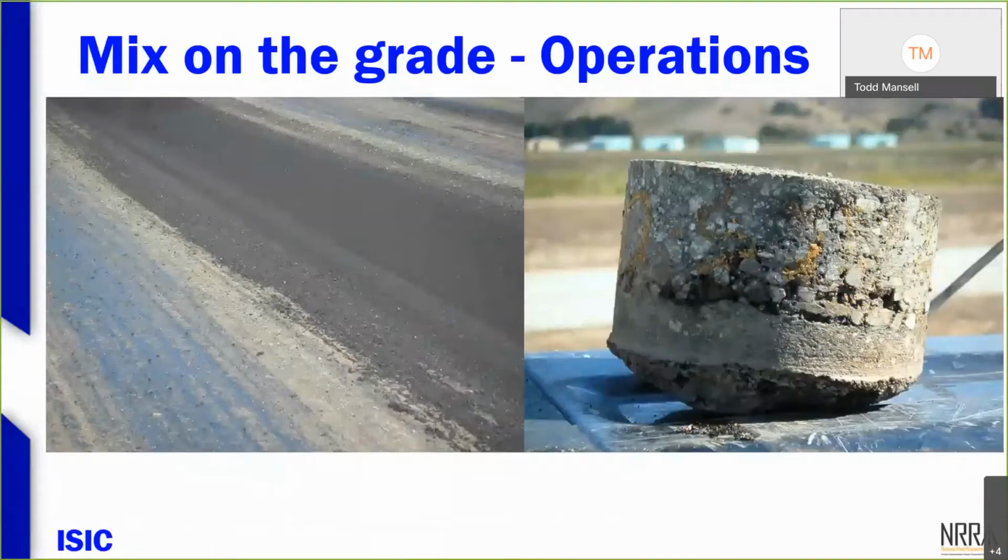On the right side, I actually took that core right out of that same spot that you're looking at on the left, after it was compacted. And that's what you get on that interface between the new material and the existing material when we have mix spilled on the grade. So that's definitely a quality issue. Water will get in there at some point, and that'll want to debond or separate and end up failing prematurely.